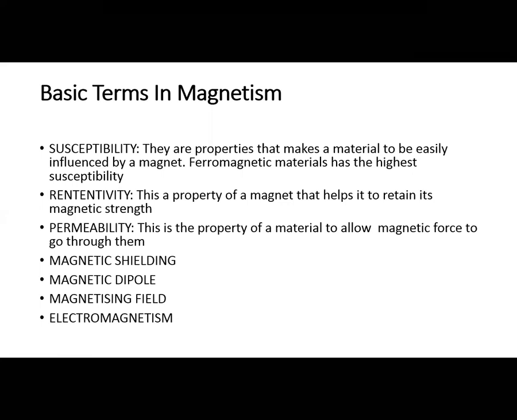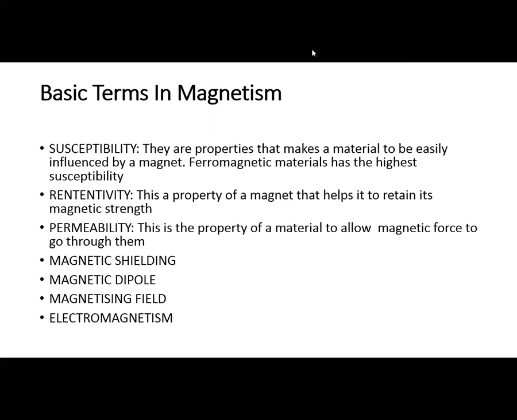The metallic substance is going to attract both of them, which is inside or between the two magnetic substances. Why? Because there is a force of attraction in between. There is a magnetic flux induced in between them. So due to the magnetic flux induced in between them, when you bring a metallic substance, some metallic substances will allow the magnetic force to pass through them. That property that allows the magnetic force to pass through them, we call it the permeability.